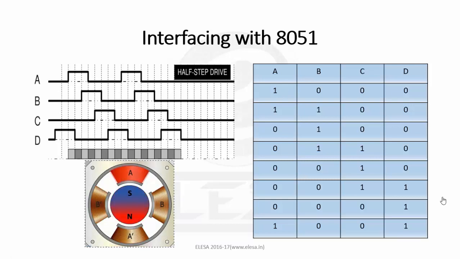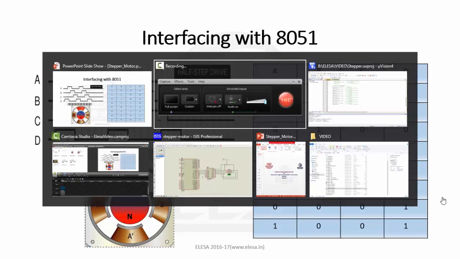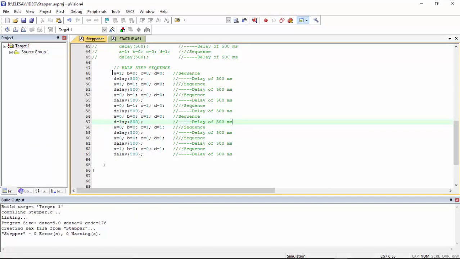Now let us write the code for the same. First A is made on, then AB, then B, then BC, then C, then CD, then D, then AD, and each step is given a delay of 500 milliseconds.